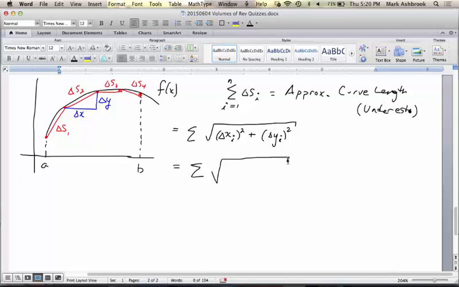Okay, so what we can do is, if we had delta x outside, we could divide by delta x squared inside. Does that make sense? It's kind of like multiplying by this, which is 1.